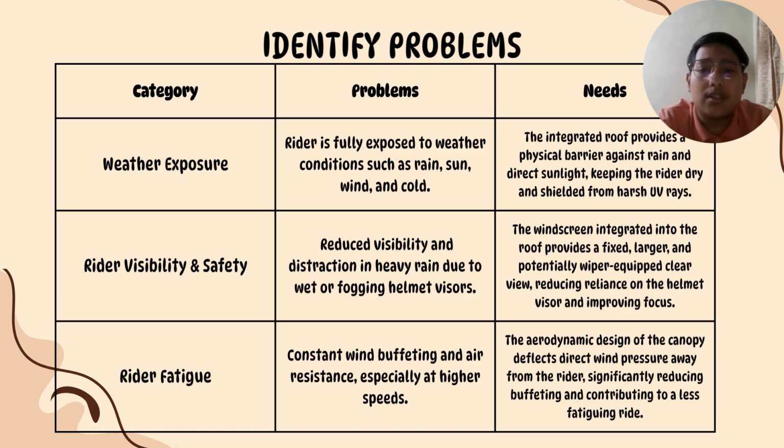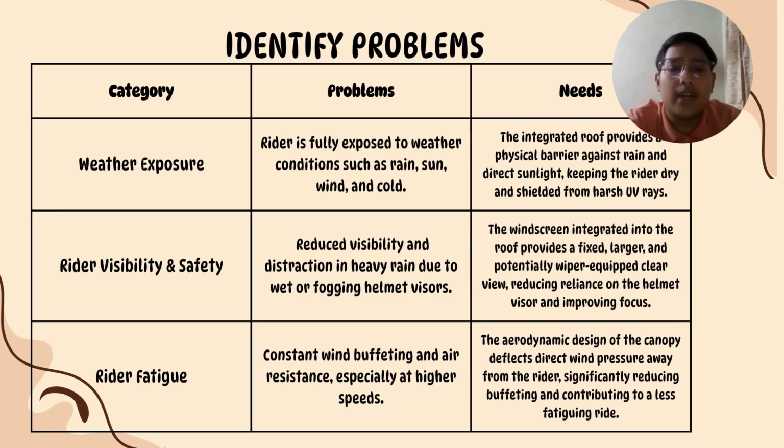The last one is rider fatigue. The problem is constant wind buffeting and air resistance, especially at higher speeds. The need is an aerodynamic canopy design that deflects direct wind pressure away from the rider, significantly reducing buffeting and contributing to a less fatiguing ride.